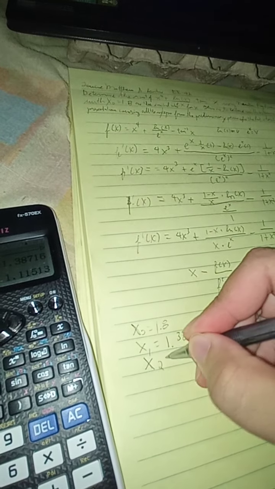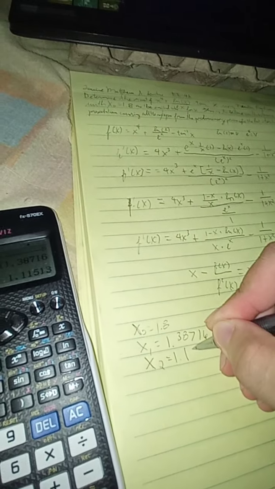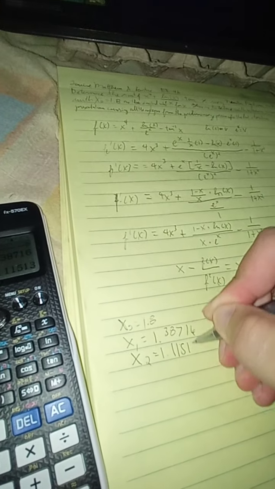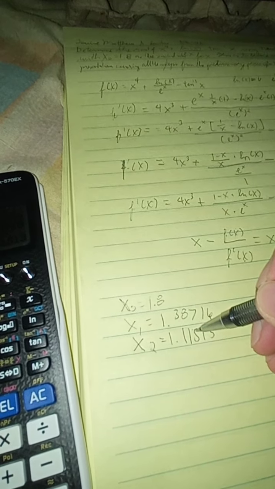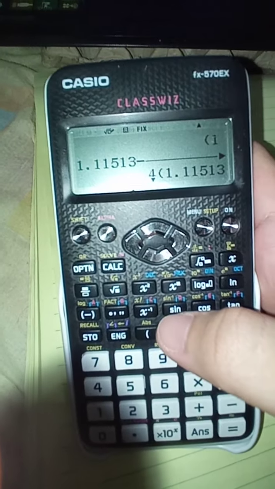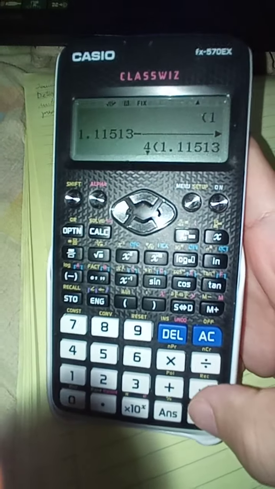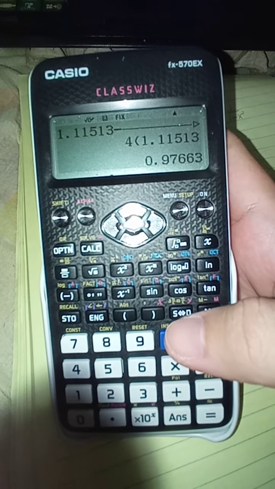X sub 2 is equal to 1.11513. Now repeat the process and use this for the third iteration. Now we already substituted the value of the second iteration to get the third iteration. So it is equal to 0.97663.